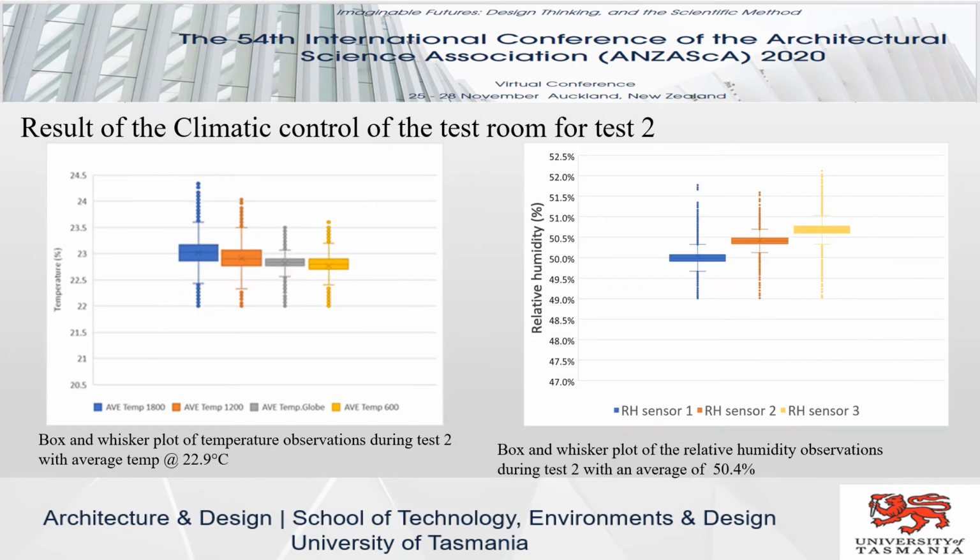For the second experiment, the graph on the left of this slide indicates the observation of the temperature with an average of 22.9 degrees Celsius, and the graph on the right indicates relative humidity with an average of 50.4.